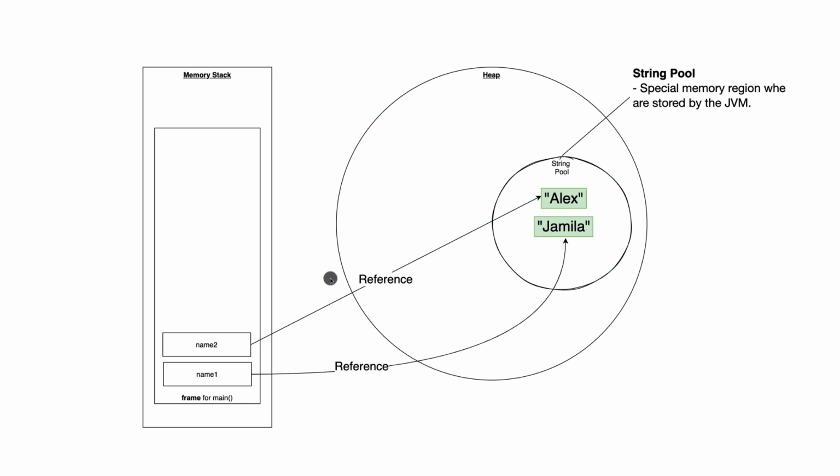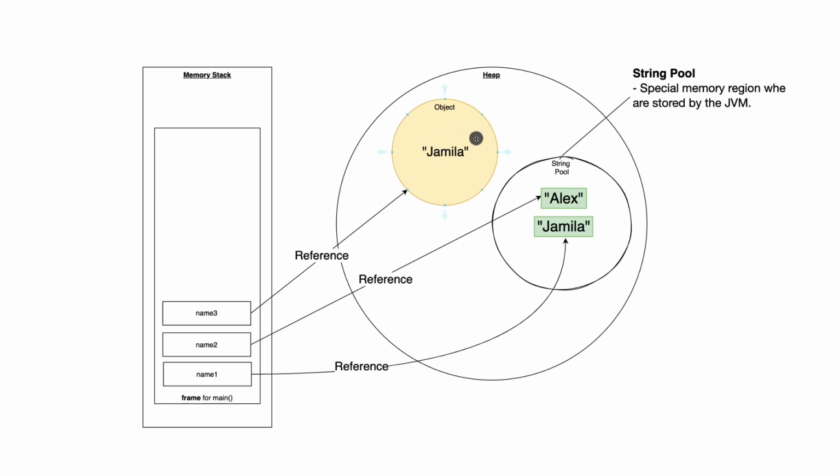Now, if we introduce a third variable, which we named name3, this now will point to an object right here. And you can see that this now no longer is within the string pool. So there is a reference from this variable that points to this object in here.